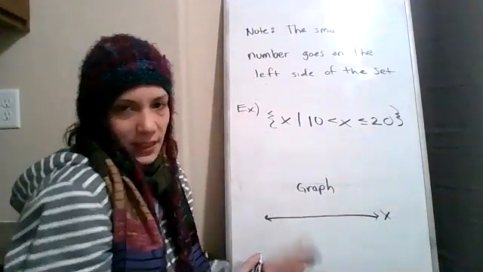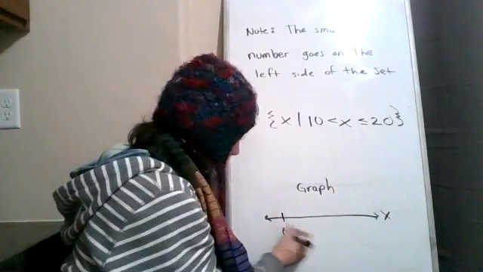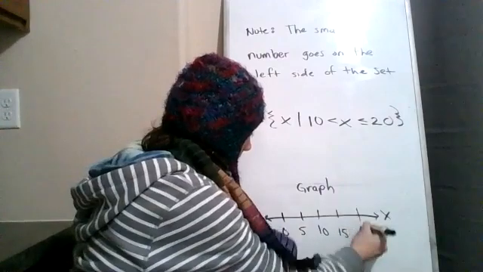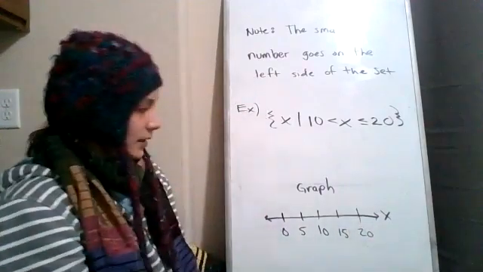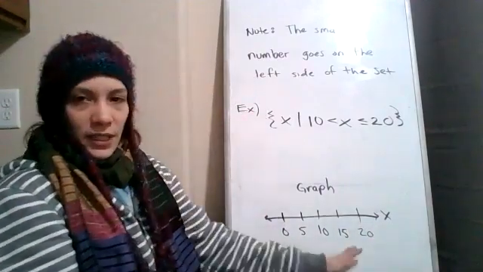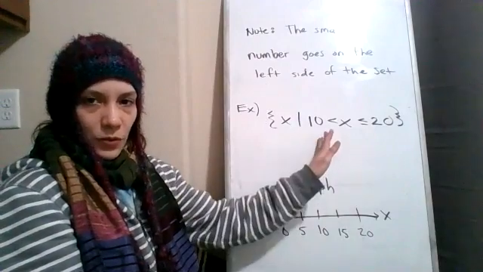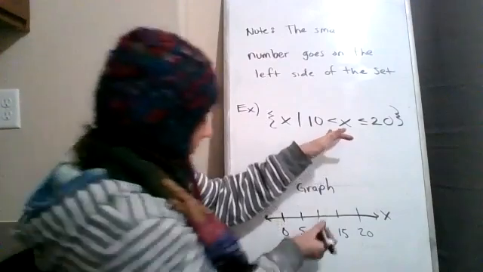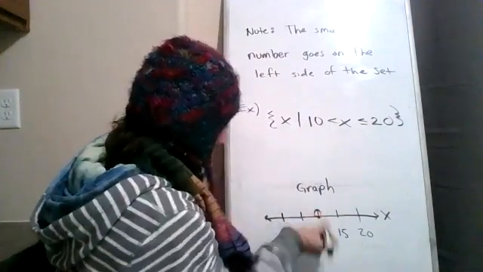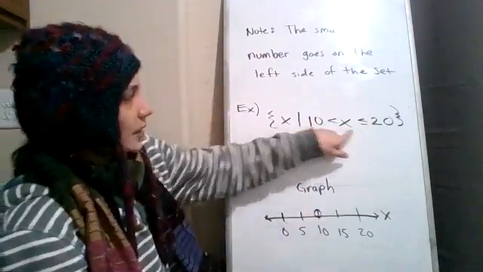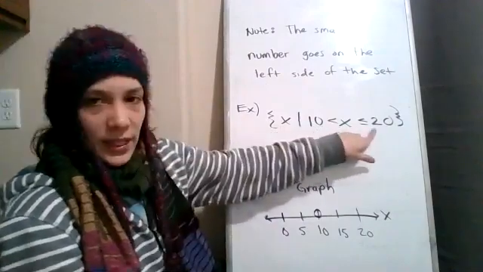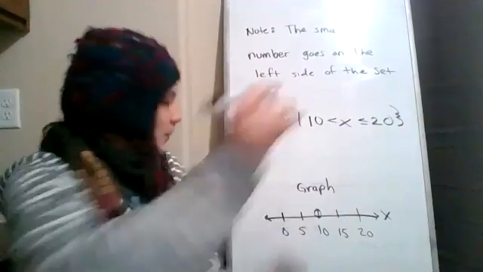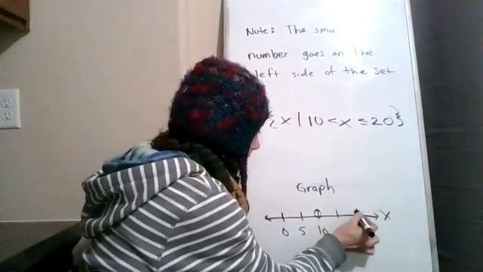I like to mark 0. Let's just do 0, 5, 10, 15. Okay, mark some units, and we're not going to include 10 with that strict inequality, so you open circle right there. And then go up to 20 and include 20. All the numbers in between.